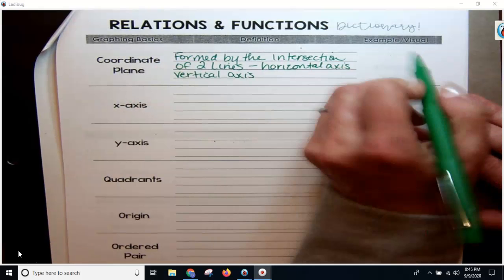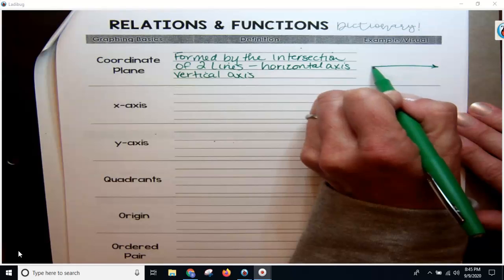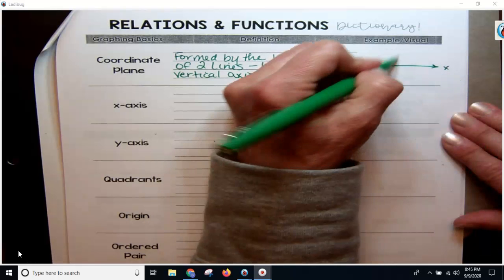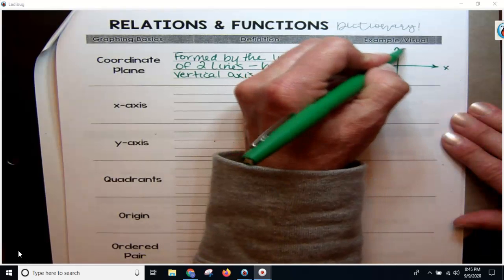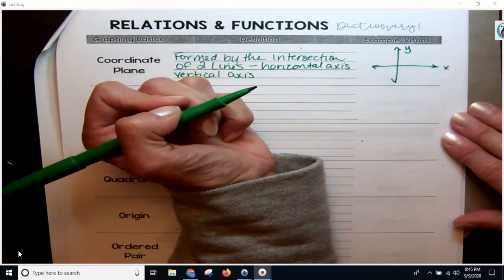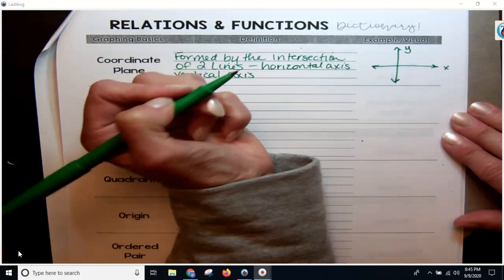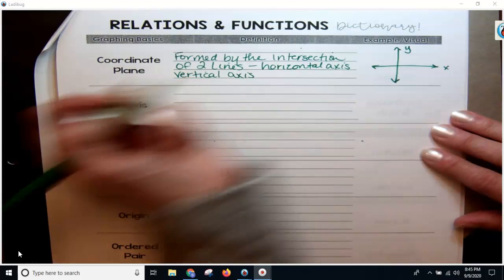So that looks like, here's your horizontal axis, which is basically your x-axis. Here's your vertical axis, which is very much your y-axis. And that would be your coordinate plane.